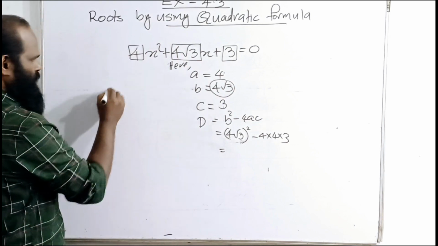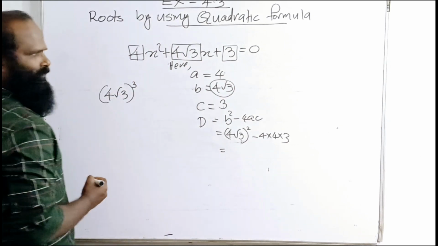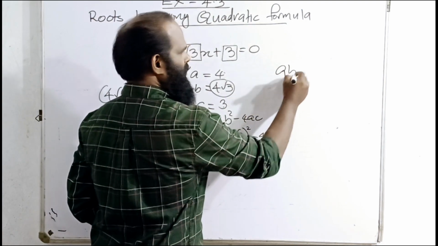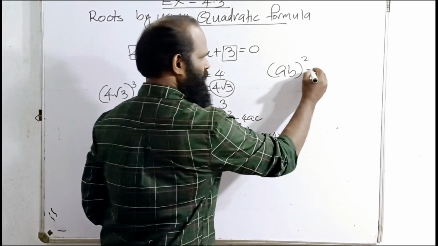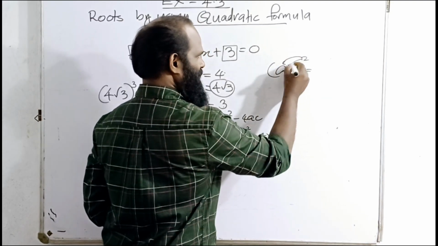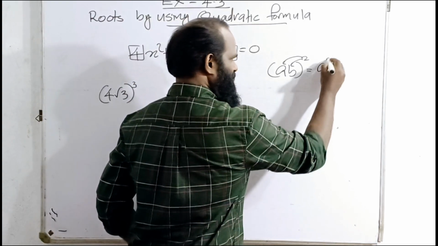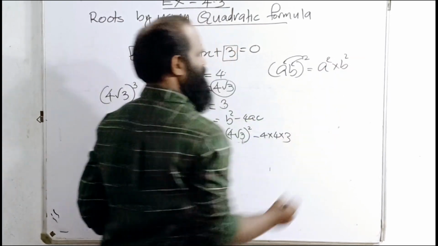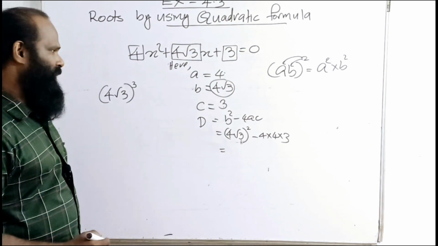4 root 3 square, how is it done? We know that ab the whole square means the square is common for both a and b. When you separate it, we shall have a square into b square. So ab the whole square is a square into b square.